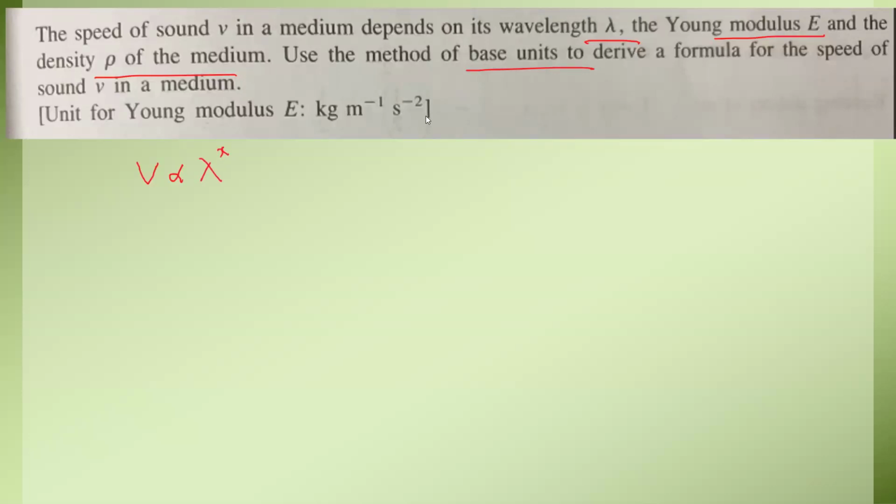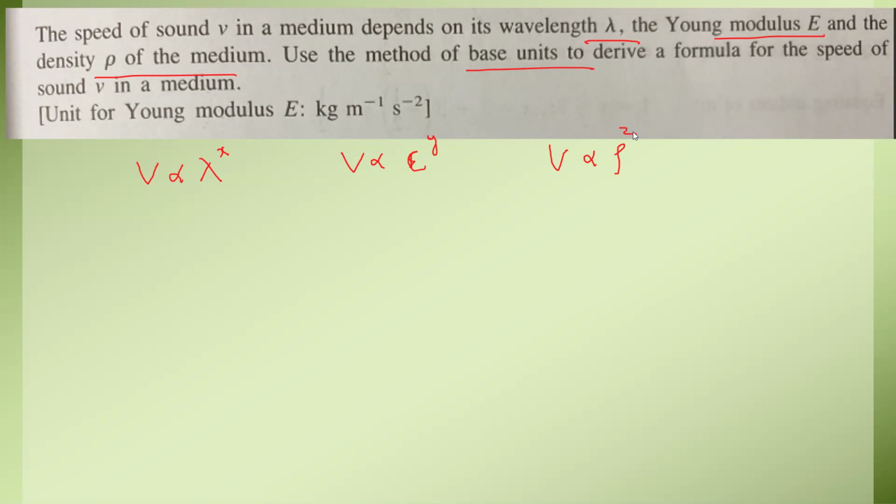It also depends on the Young's modulus. So we say speed of a sound is directly proportional to the Young's modulus raised to power y. And speed of a sound depends on the density as well. So we said speed of a sound is directly proportional to the density raised to power z. Now, if we combine all these factors like x, y, and z, so what will happen?